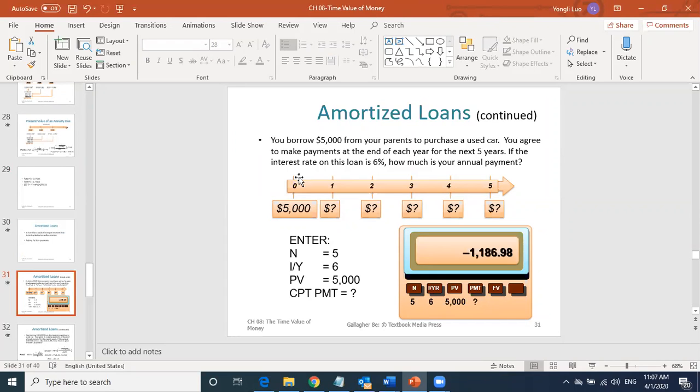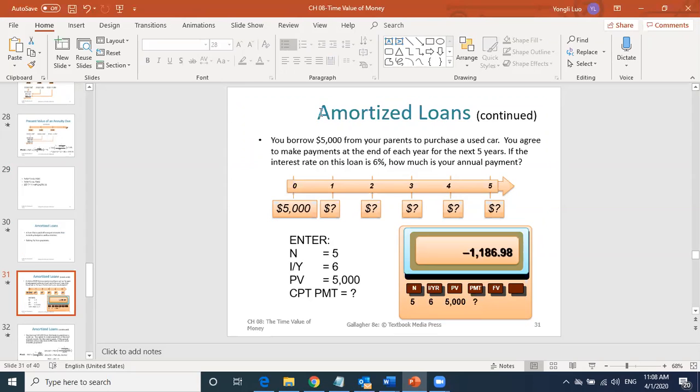As you get closer to maturity, you pay more principal and less interest. A lot of people complain that in the first couple of years, you didn't pay off much of your principal; your money goes to the interest.